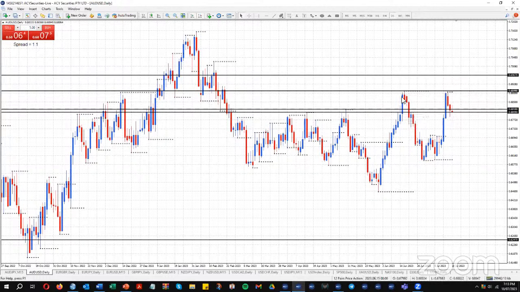Now, last time we moved above this area, we fell back below and it became resistance. That is potentially on the cards here as well. I said this morning, if we fall below 68.00 convincingly, watch 68.00 to 68.05 to be resistance. That's what happened here last time. But this time, can it be support?